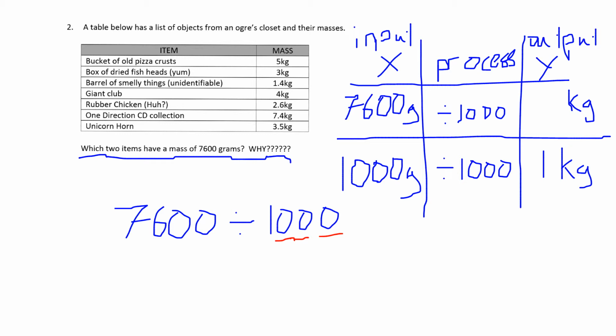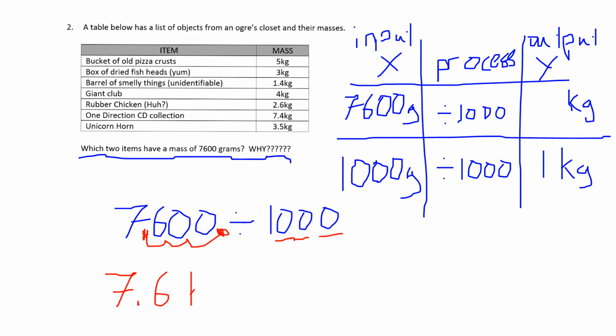So I'm going to move it 1, 2, 3. Don't forget, this would be where my decimal point starts, because every number has a decimal point, whether or not you see it. So I move that decimal point over 3, and it's now right behind the 7, for a total of 7.6. So that's my new number. Instead of 7,600 grams, I now have 7.6 kilograms.